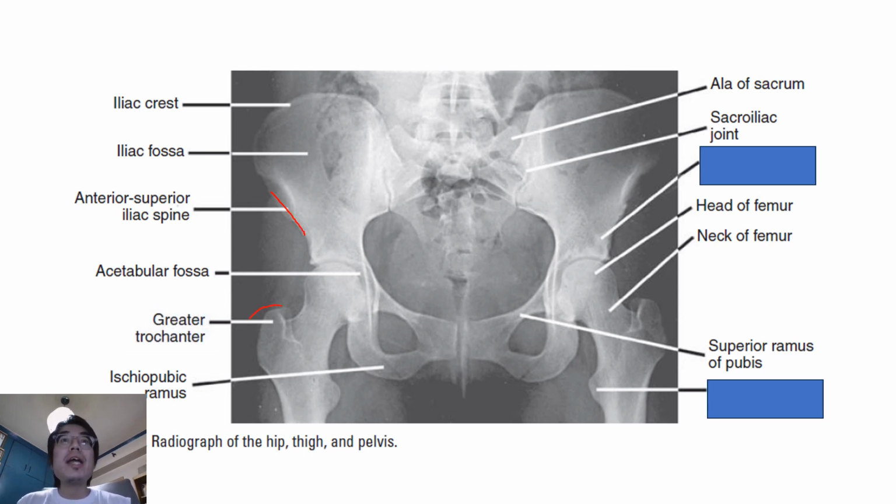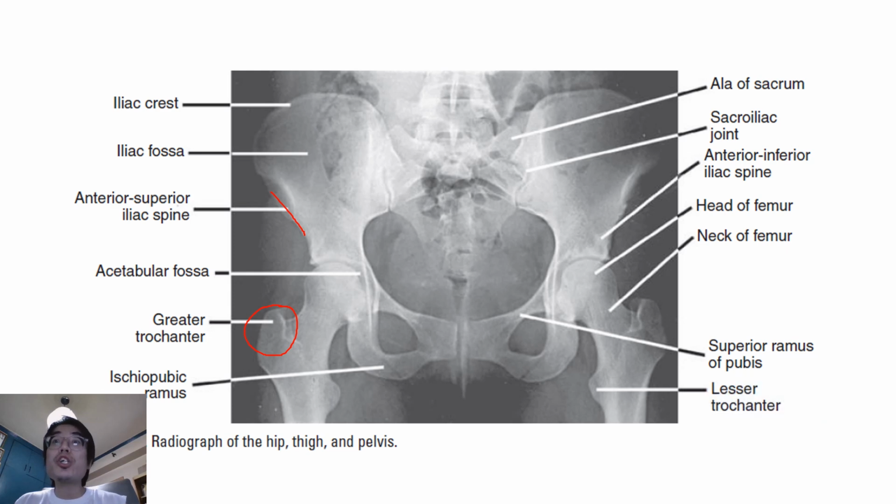Shown here is the greater trochanter, and of course, if there is a greater trochanter, opposite it is the lesser trochanter over here. The other blocked structure in the left of the ischium is the anteroinferior iliac spine. The anteroinferior iliac spine, of course, being directly below the ASIS.